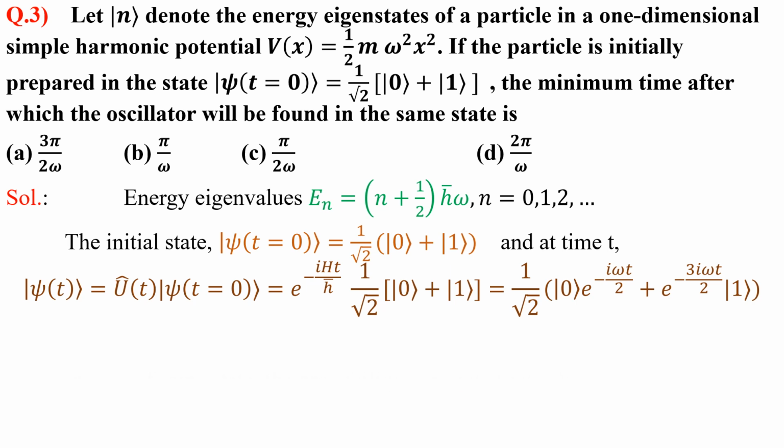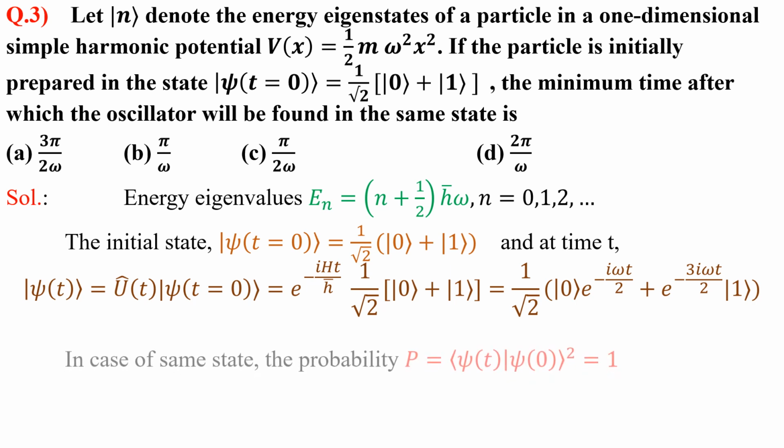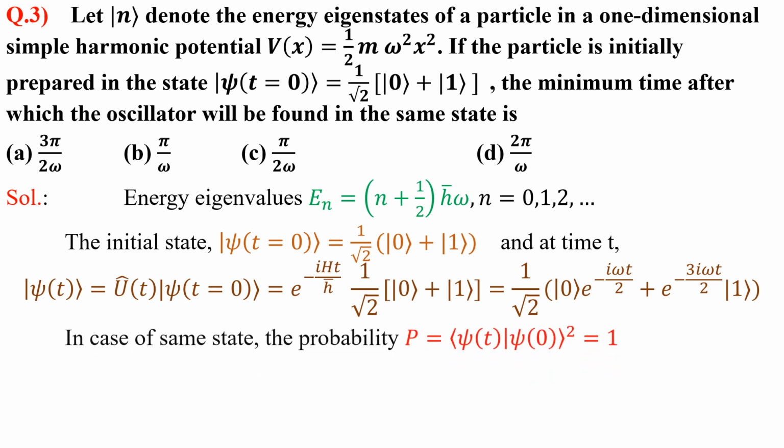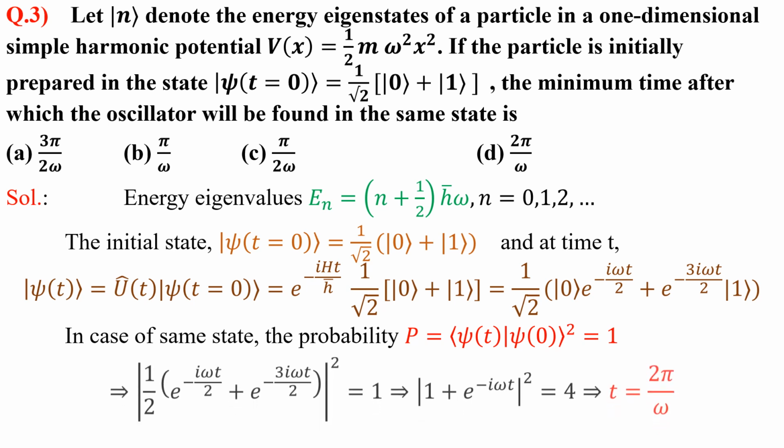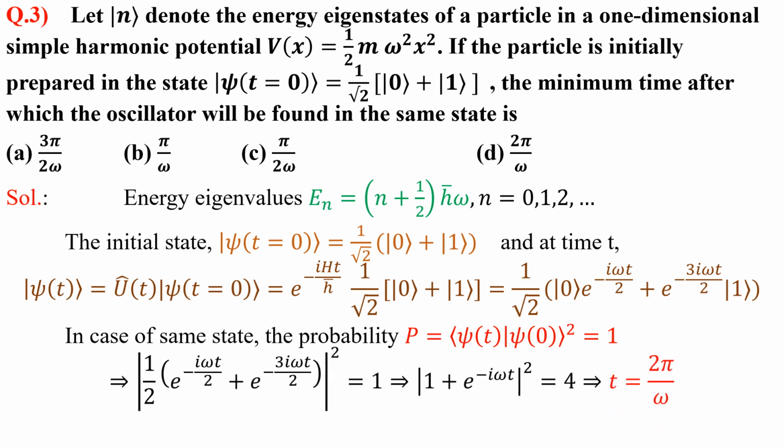So we get this. Now, in the case of the same state, the probability of finding the particle in the same state will be 1. Using this formula we can calculate the minimum time for which we find the particle in the same state.